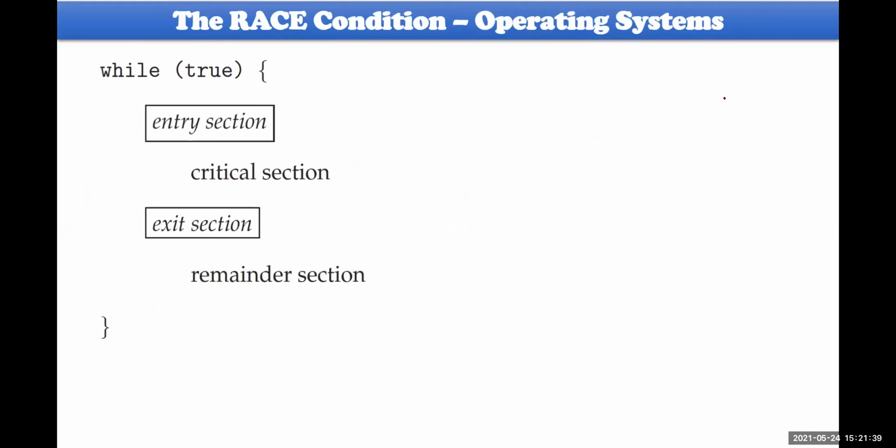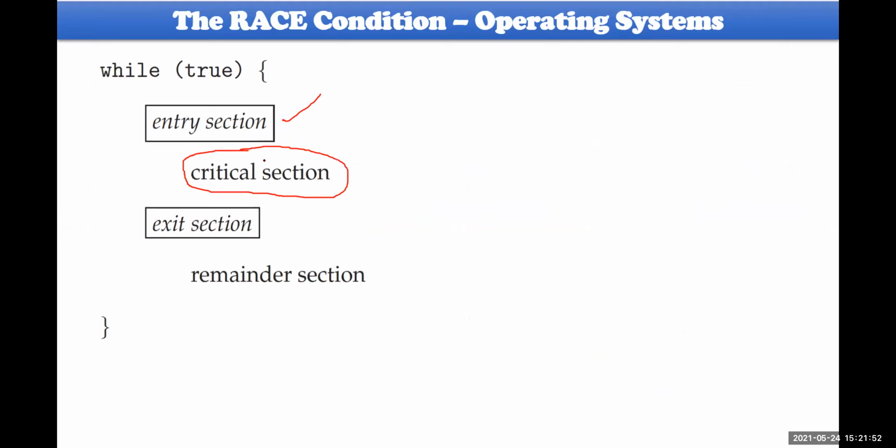Okay, how could this be? Let us see. The critical section will be seen in such a way. Every critical section problem might have an entry section, and then the actual operations required for that critical section.